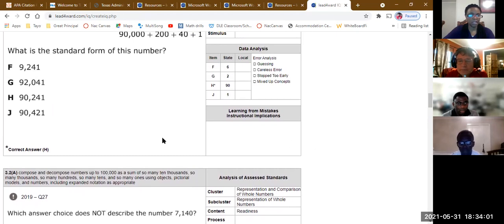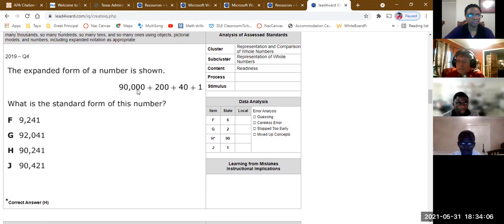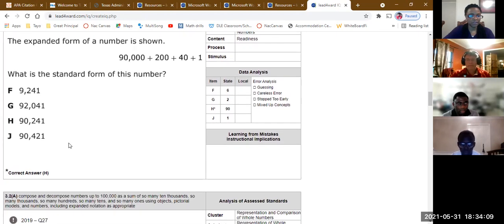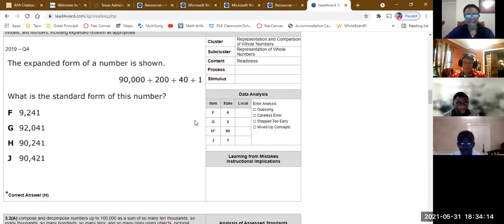For example, if you look at this first question, it's talking about the expanded form of this number. And from here, you can see that the correct answer is H. But you can see how many people got it wrong. You have 90 people getting it right. You have people choosing F, and you have some choosing G, 2 people chose G, and 1 person chose J. From here, you can see student misconceptions when they are doing this test.